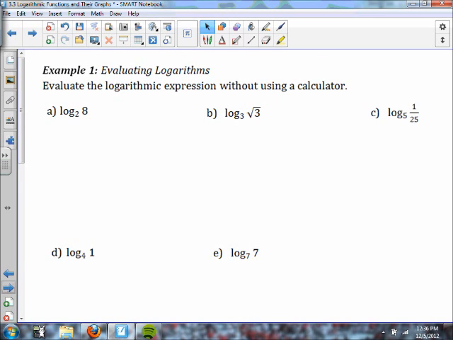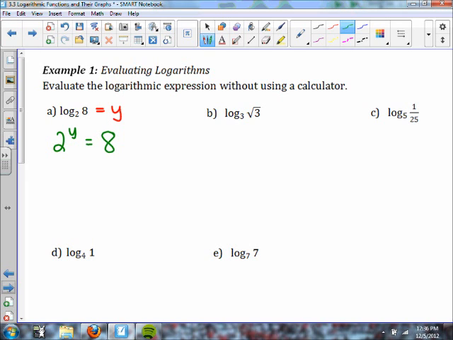Now, in example 1, we're evaluating the logarithmic expression without using a calculator. We can do this a couple different ways. I'll show you one way here, and in example 2, I'll show you a different way. What I would do here in example 1, let log of 8 to the base 2 equal y. Switching this back to exponential form, 2 to the y is equal to 8.